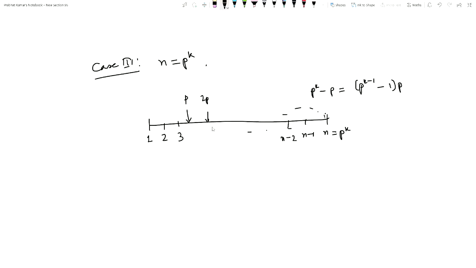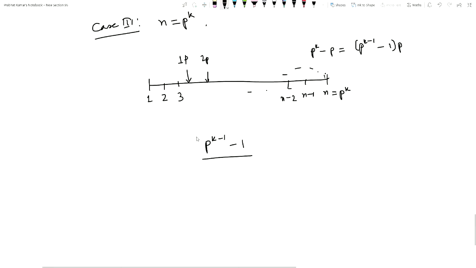So this goes 1p, 2p, up to (p to the power k minus 1 minus 1) into p. So what we can conclude is that there are p to the power k minus 1 minus 1 of these multiples of p. Exactly this number of p's are there in the expression, right?